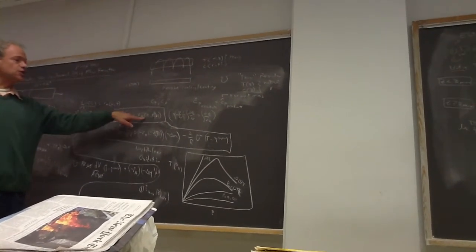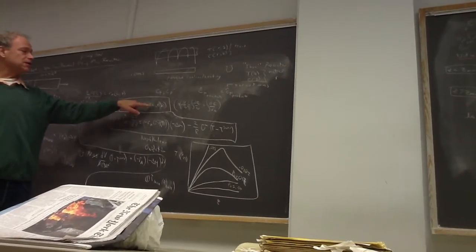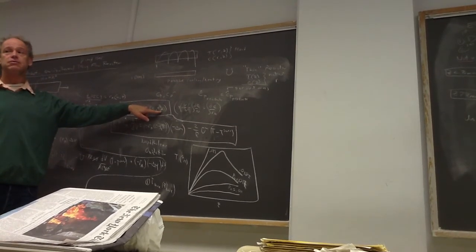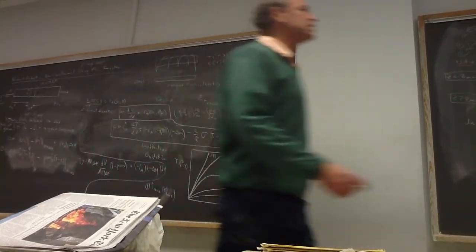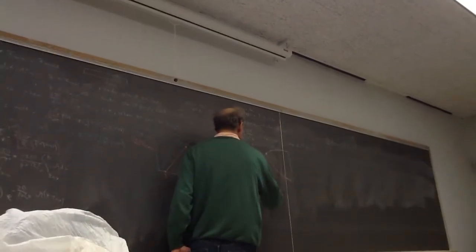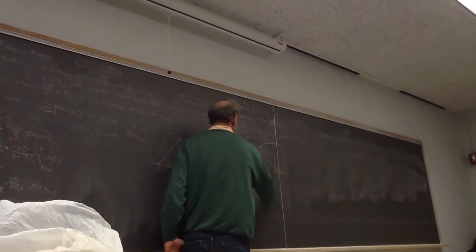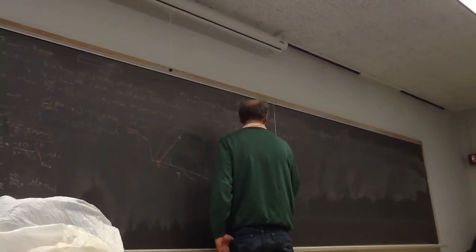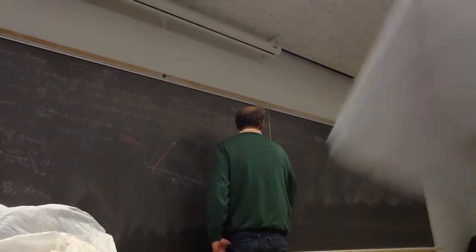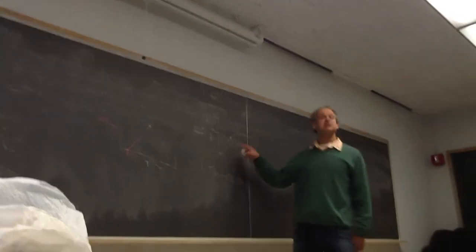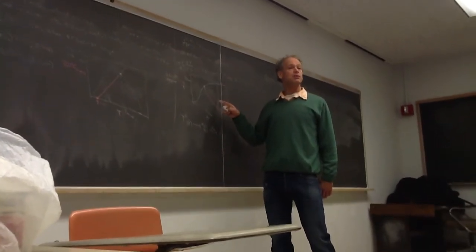So I can integrate this equation to get the C of Z that corresponds to this T of Z. So I take this T0 of Z, and I put it into the mass balance equation. And when I solve it, I get C0 of Z. I get the concentration profile that corresponds to this goofy temperature profile.